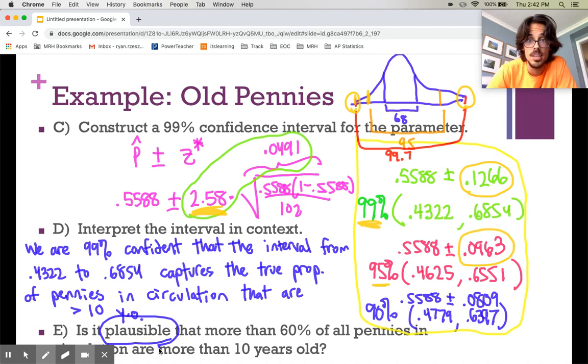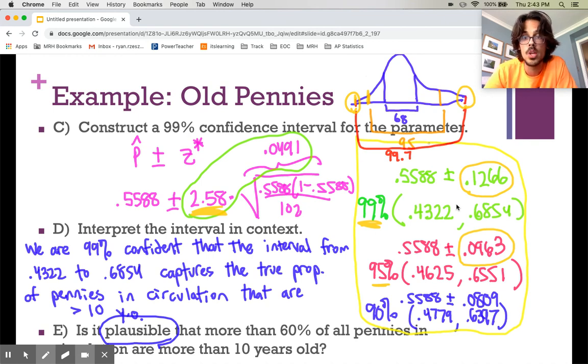So the word plausible conveys a sense of, is it realistic? Is it realistic that it could be at least 60% of pennies that are more than 10 years old? Well, yeah, there are numbers above 60% in my little interval right here, no matter which one I use. So that tells me, yeah, it's plausible. It totally could be more than 60. But if I said, is there convincing evidence that it's more than 60, if I just tweaked that wording a little bit, the answer would be no, there's not convincing evidence.